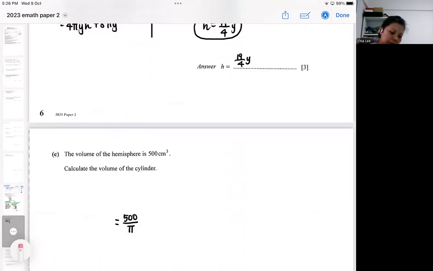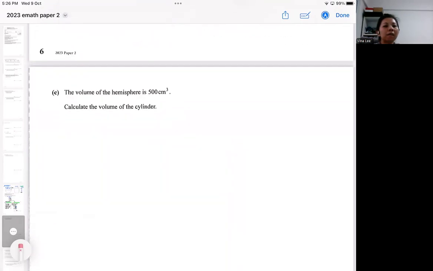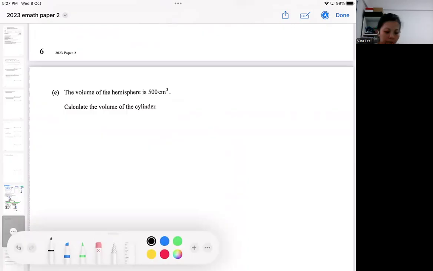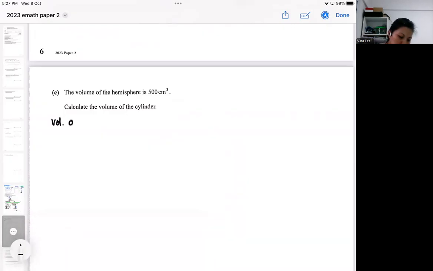Okay, for the third part, we start to deal with the volume formula. So they simply gave us the volume of hemisphere, 500, and they wanted us to find the volume of the cylinder. So what I will be doing will be, I'm going to focus on the volume of hemisphere.